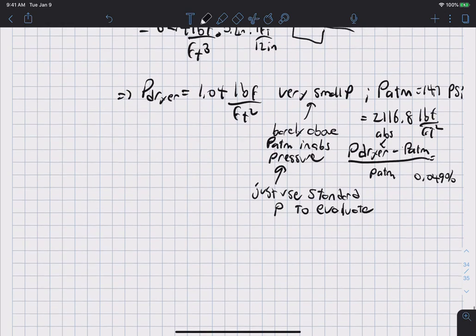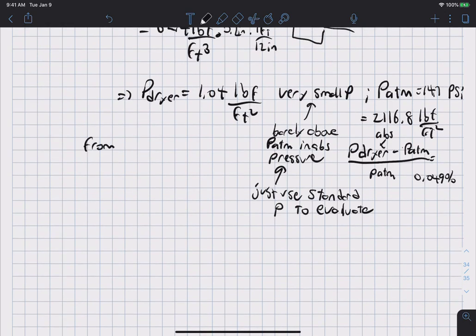Okay, and so then from table A.7 at 100 degrees Fahrenheit, rho of the air is equal to 0.00221 slugs per foot cubed.